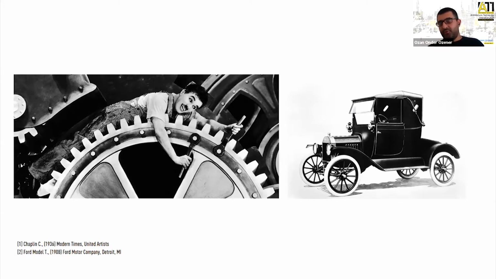So if you look at this, these are two lovely images. One is from, most of you know that, Modern Times, Charlie Chaplin, a great satiric movie about technology and society. And the other one is again, you guys know, that changed the whole way we understand production.